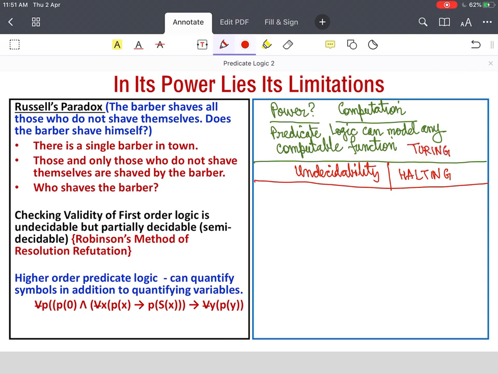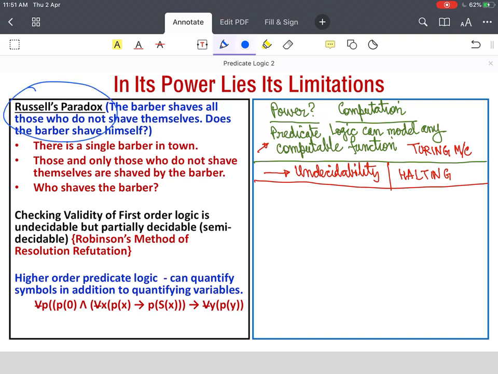So that means predicate logic is as powerful as a Turing machine. Since it is so powerful, it also comes with its limitations of undecidability. And there are many very logically interesting problems which are shown to be undecidable.